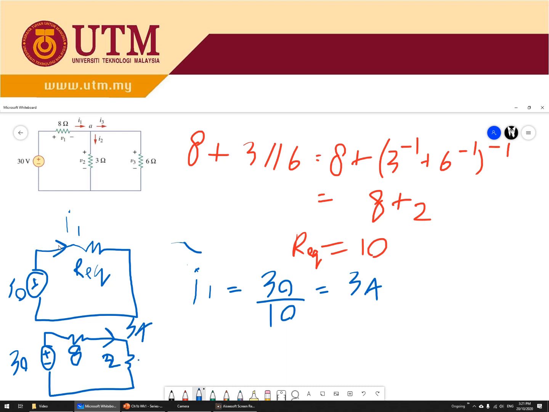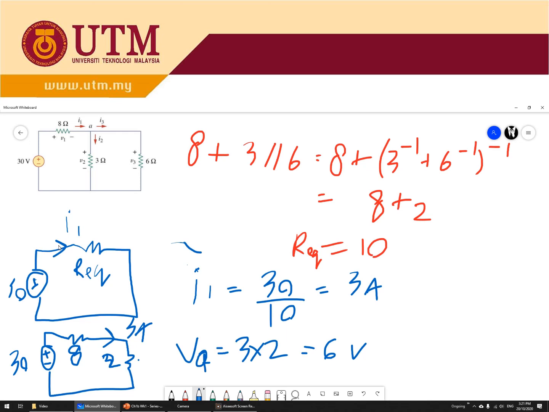So the voltage at the 2 ohm is 3 ampere multiplied by 2 ohms, you get 6 volt. So VA equals 6 volt.